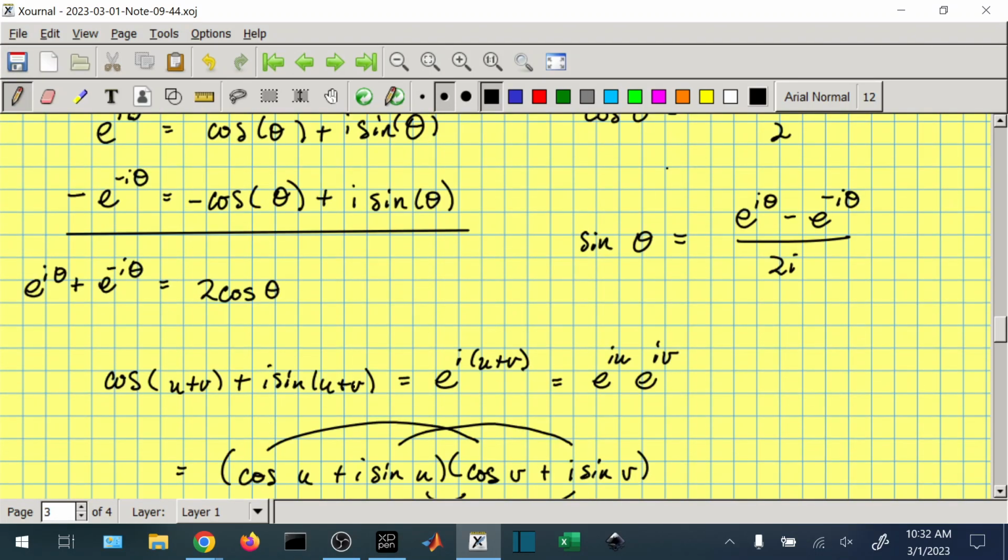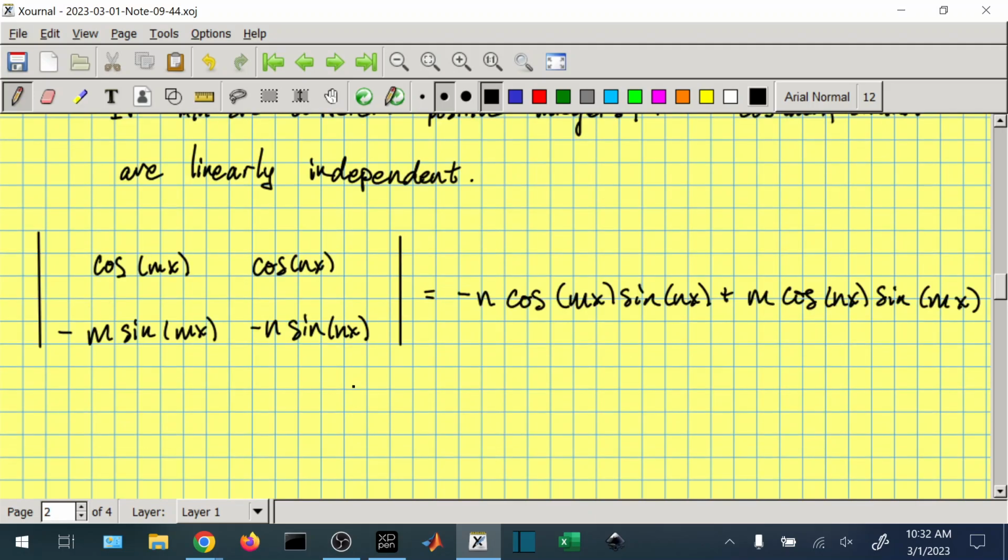We could have done the same thing back here, but I wanted to show off trig identities. Is there a single x when this is not equal to 0? How about x equal pi over 4?